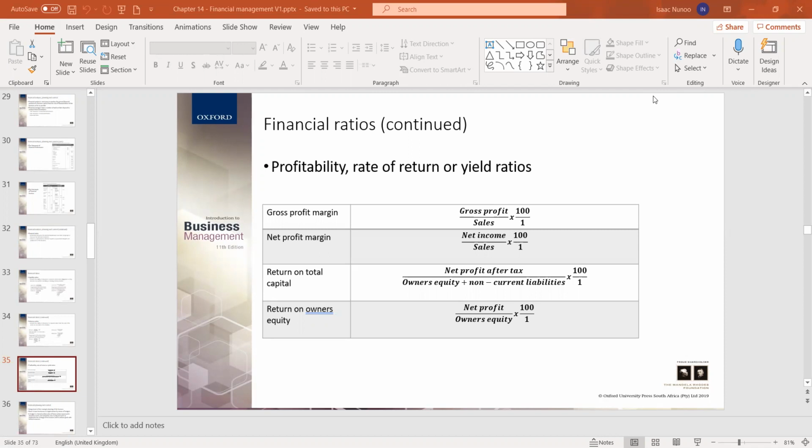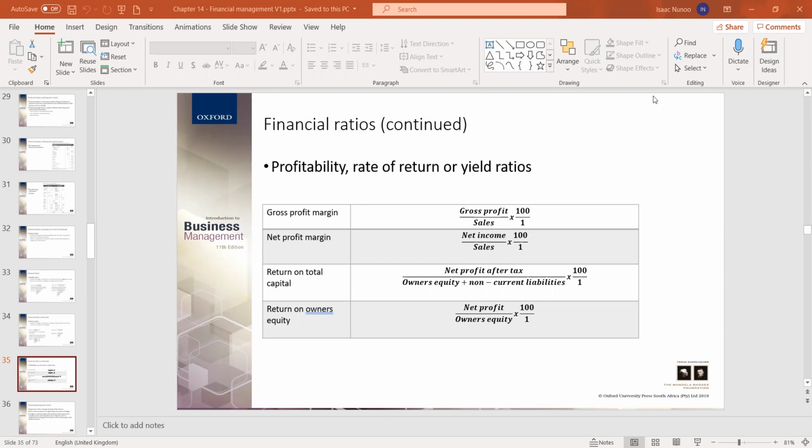We can also talk about return on investment. Return on investment is given by the net profit after tax over total assets. A firm wishing to improve its return on investment needs to consider the same measures as those proposed in respect of the gross profit margin and the net profit margin.